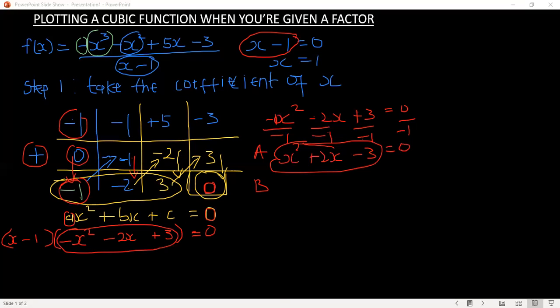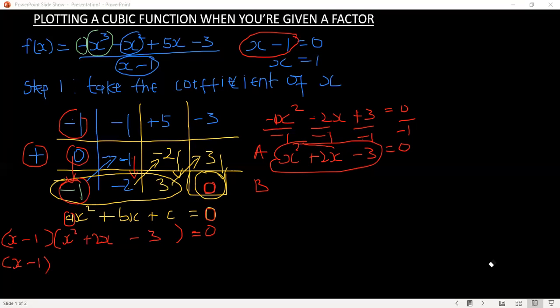Okay, let me just erase here for the sake of space. So it's going to be x squared plus 2x minus 3. Now let's factorize.